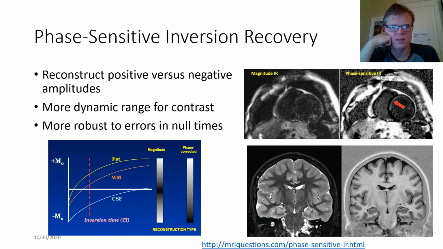This technique uses this phase difference between the different T1s of tissues in order to improve the contrast, as you can see in the example on the top in the heart, where it's used to null, and is a little more robust for nulling signals. So it's used to null the signal from the normal appearing heart muscle, I believe is what's going on there. And then on the bottom right, you can get some really exquisite gray-white matter contrast with the phase-sensitive inversion recovery technique.